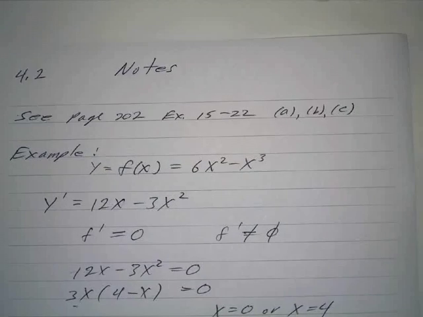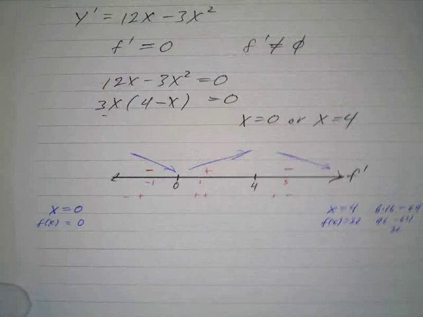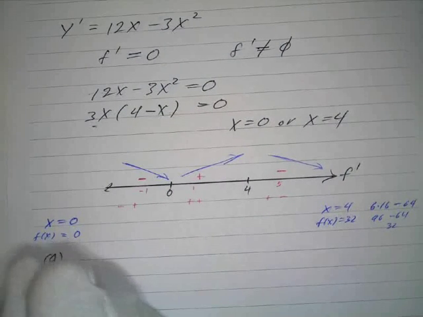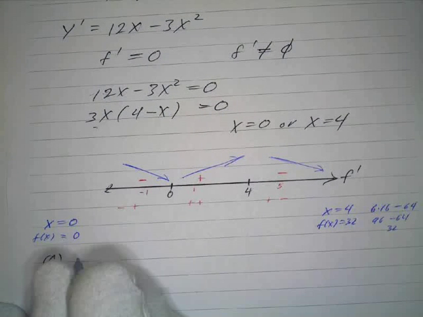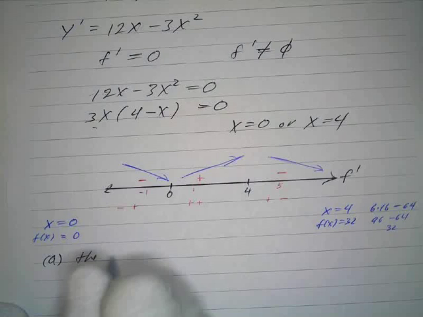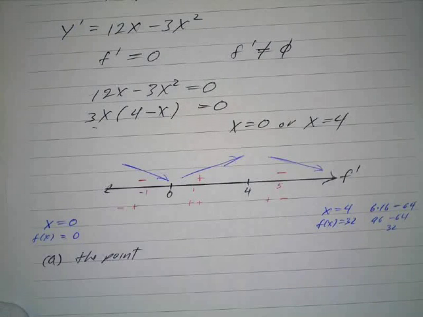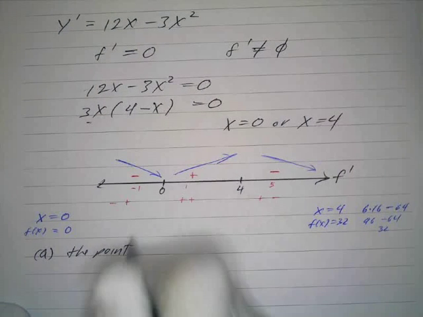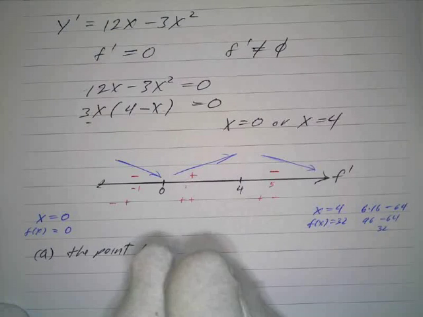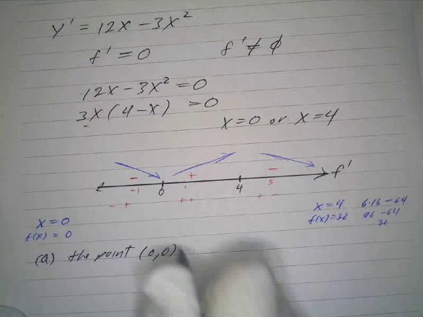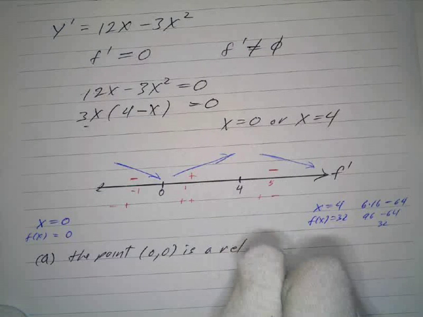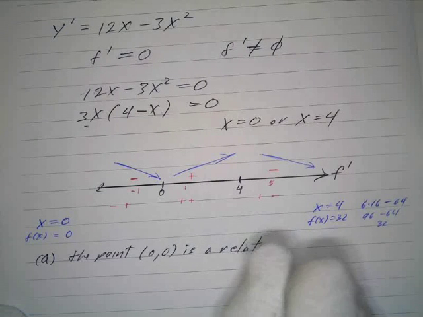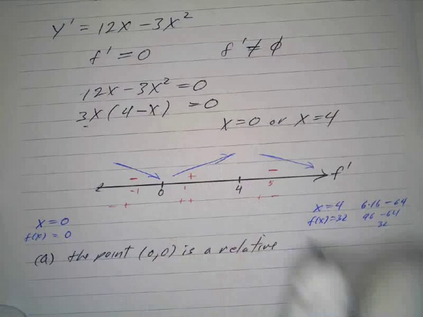So now let's talk about A. The A part is our extrema. And then we have the point. Sometimes we want just the x values, but in this case they want the point. So the point 0, 0 is a relative, what? Well, 0, 0 looks like it's a relative minimum.